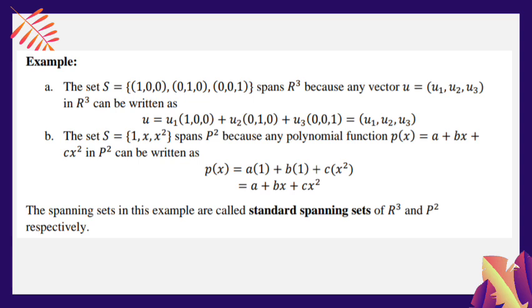And then it will be equal to a plus bx plus cx squared. Thus, the spanning sets in this example are called standard spanning sets of R3 and P2 respectively.